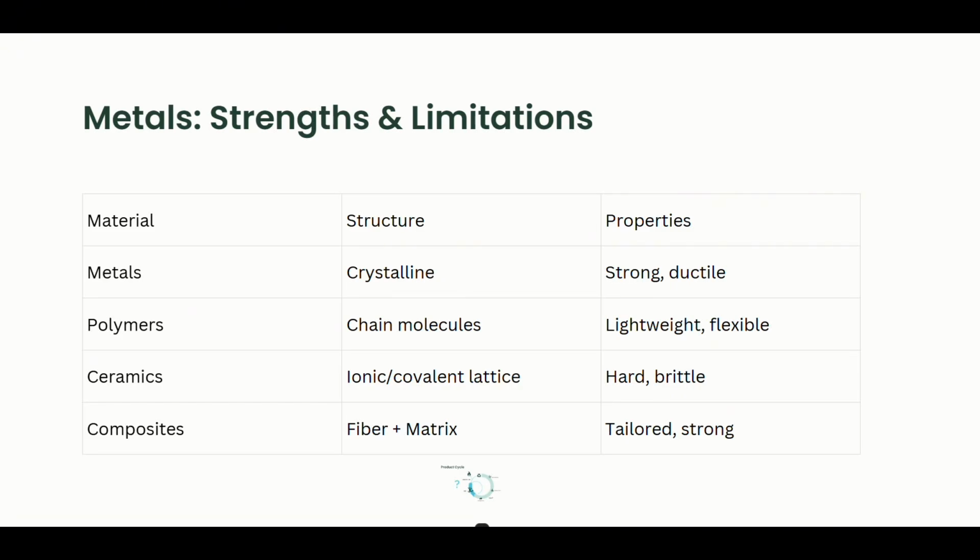Moving forward, ceramics are built from ionic or covalent lattices, giving them hardness and brittleness. Last, we have composites, combined from fibers and a matrix, giving them tailored mechanical performance. This gives us the foundation to discuss the structure property relationships.